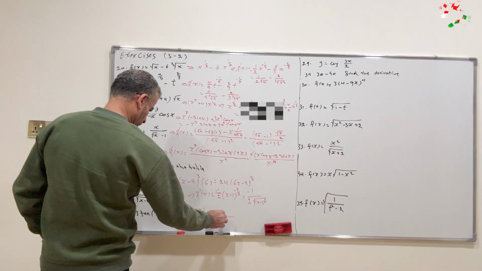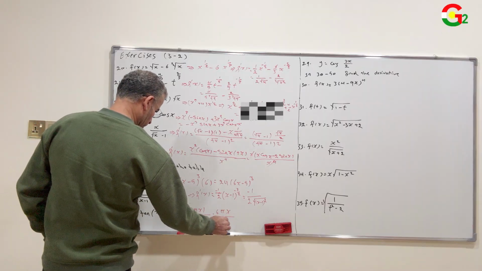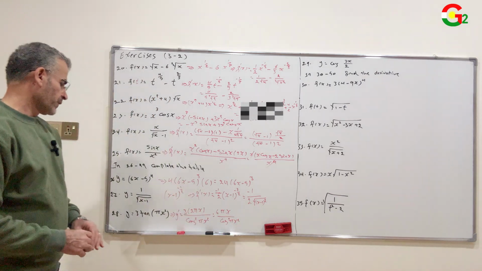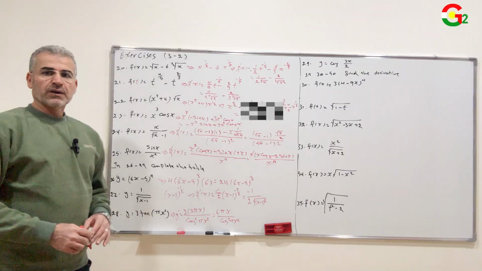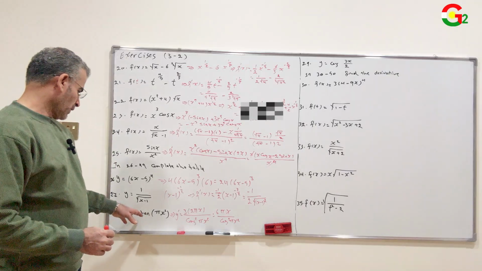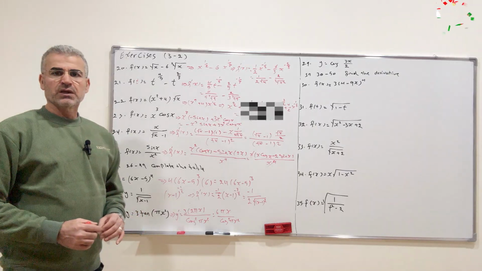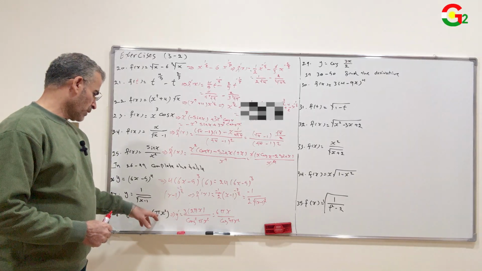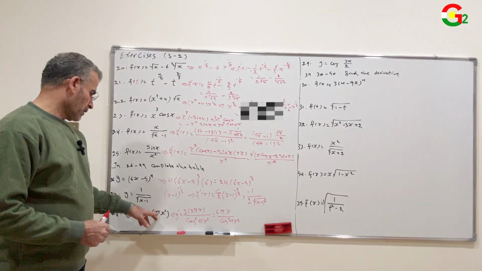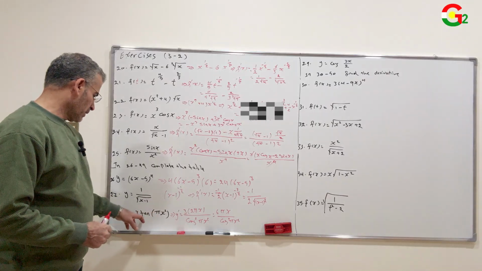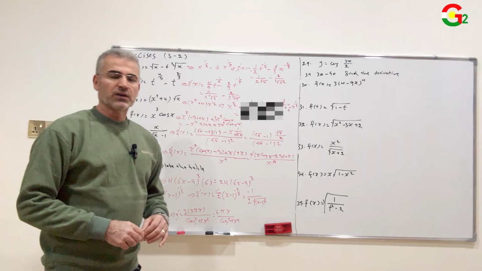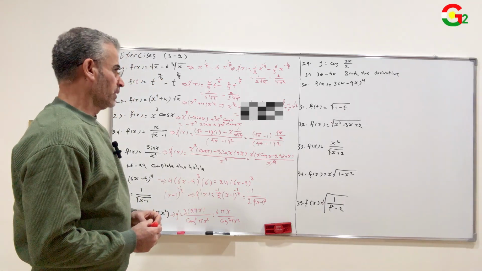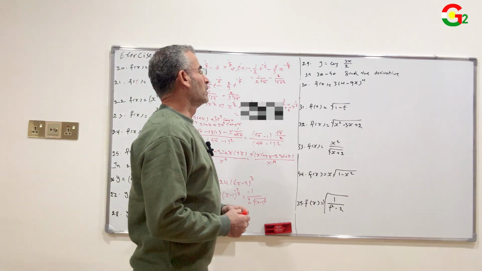Simplify that, 6 pi x over cosine square pi x power 2. We can also use the other derivative of the tan, which is 1 plus tan square x. First, we multiply the derivative of the angle with 3, then all times the bracket 1 plus tan square pi x square.